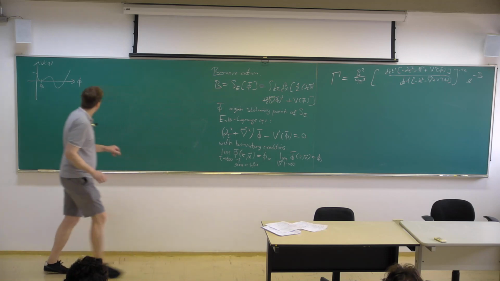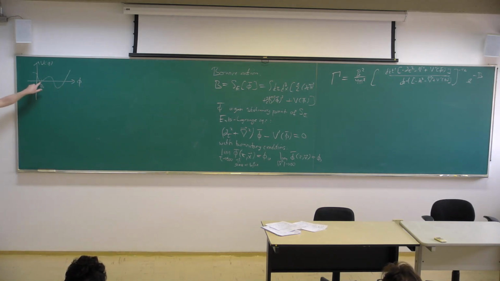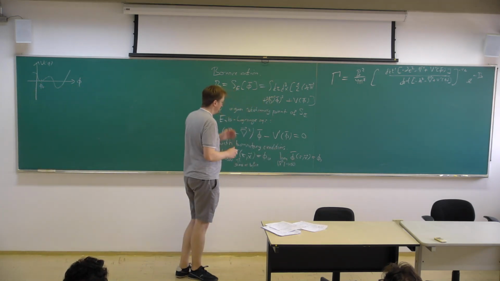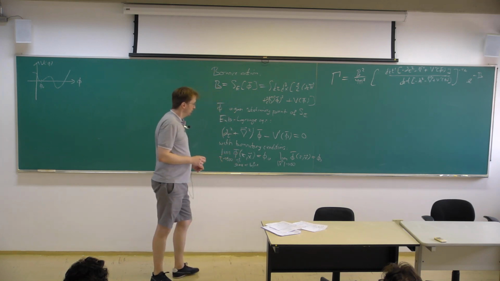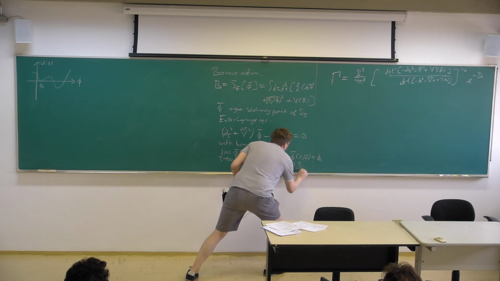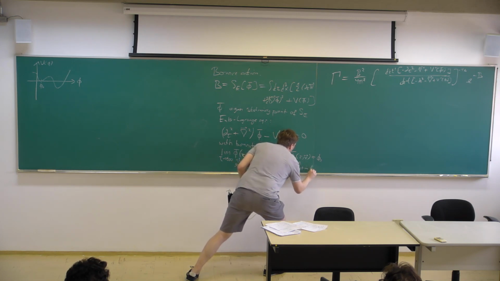We've normalized our potential in such a way that the zero of the potential is here, so configurations that end back here at spatial infinity have zero Euclidean action. So this is just a condition that the action of my bounce, of my instanton, is finite.